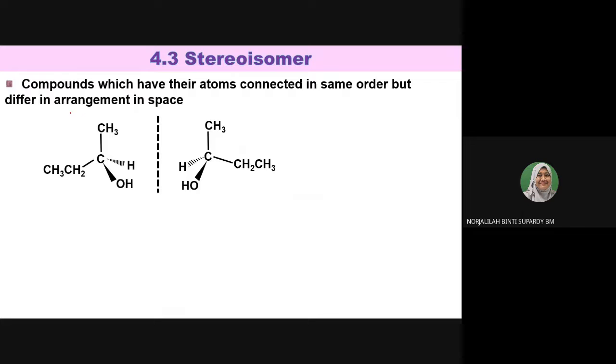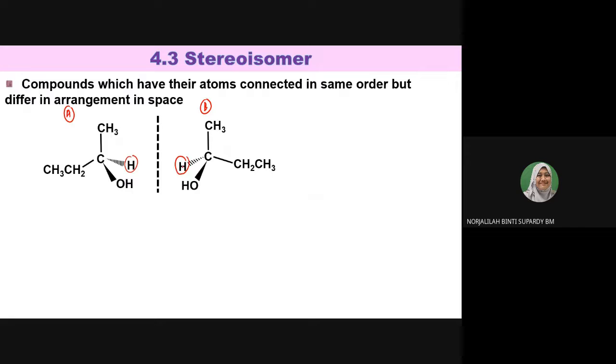The carbon at the left side I label as molecule A, and the right side as molecule B. We check the hydrogen atom at the left side and the hydrogen atom for molecule B at the right side.